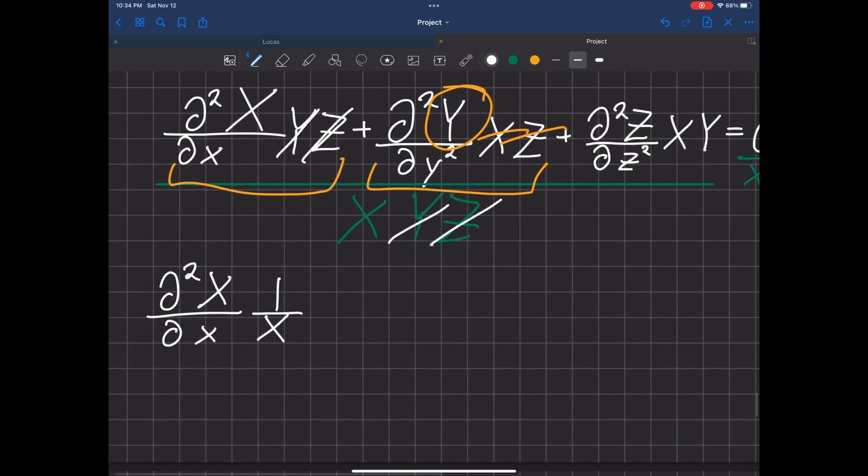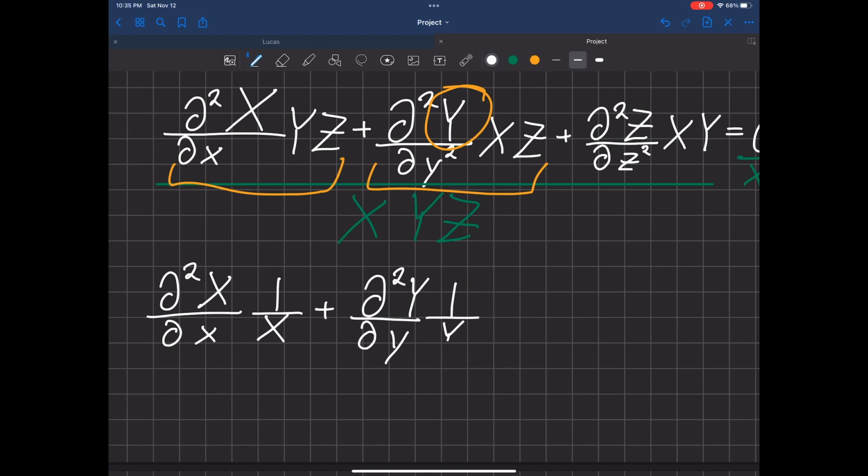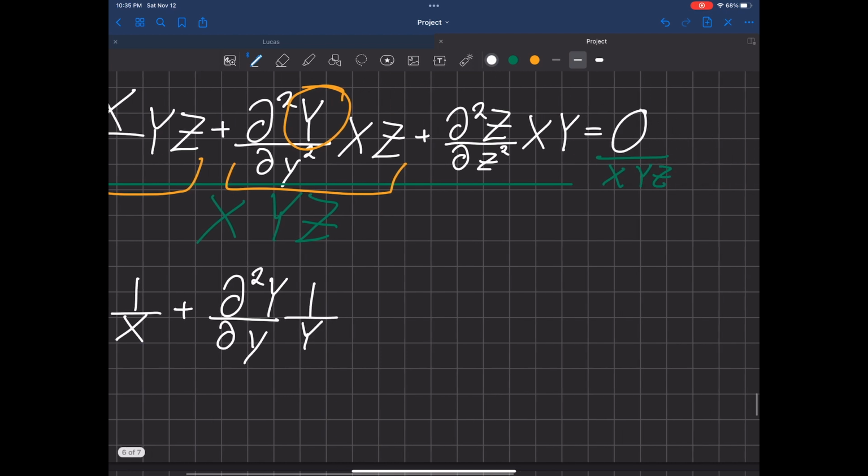Okay, so then we're going to have a plus. Again, on this one, they're not going to cancel out the same. They're just going to leave a Y component. So we're going to have the second partial of Y with respect to y, and we're going to have a 1 over Y here. Makes sense, cool.